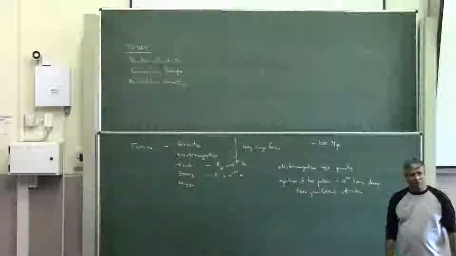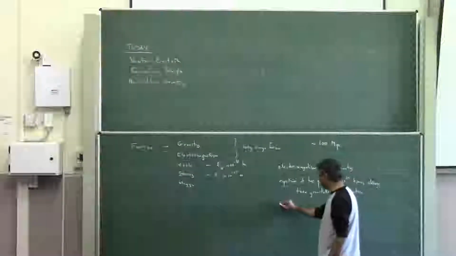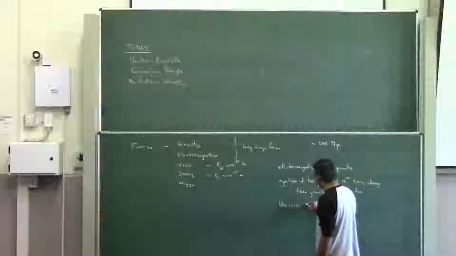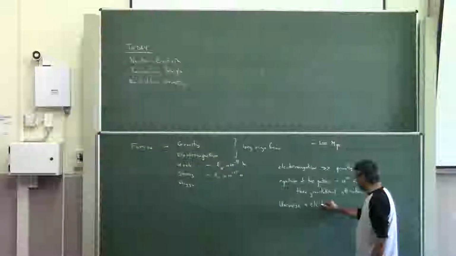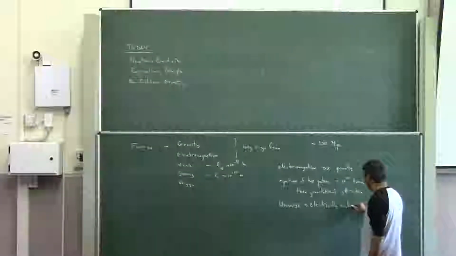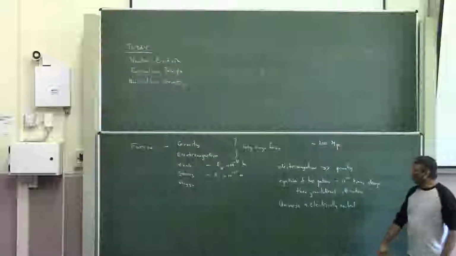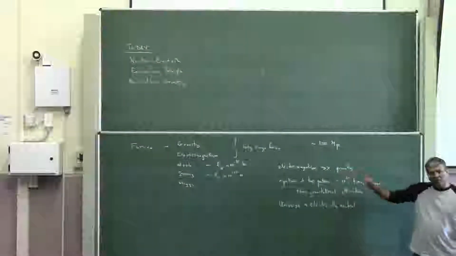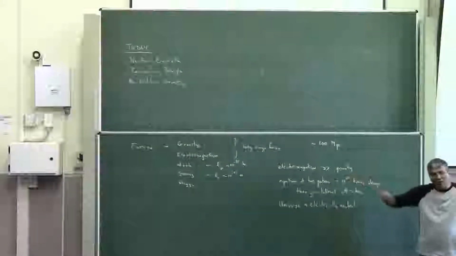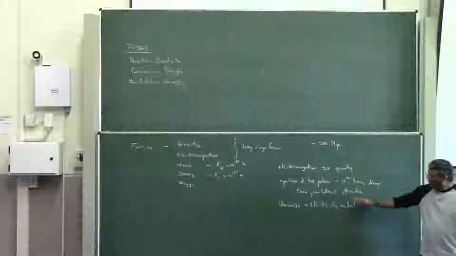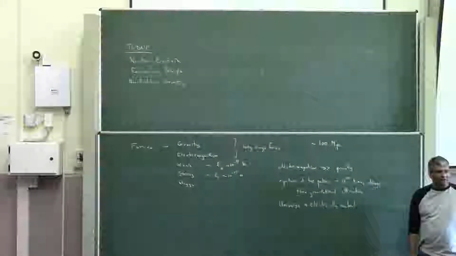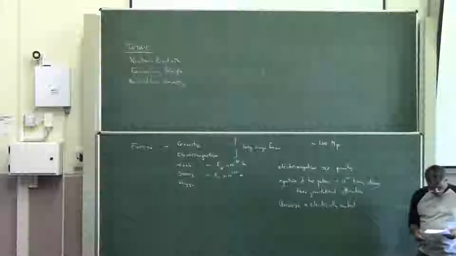But it turns out that the universe is electrically neutral on large scales. As a result, the force that's really describing what's happening in the universe is gravity rather than electromagnetism, even though electromagnetism is a long-range force and many times more powerful than gravitation. Okay?